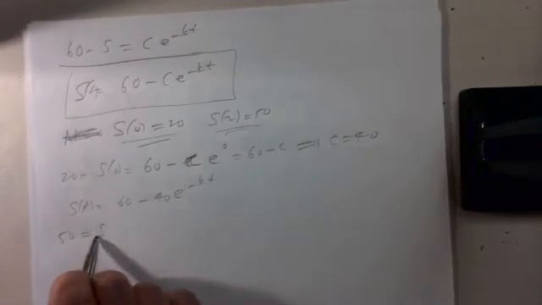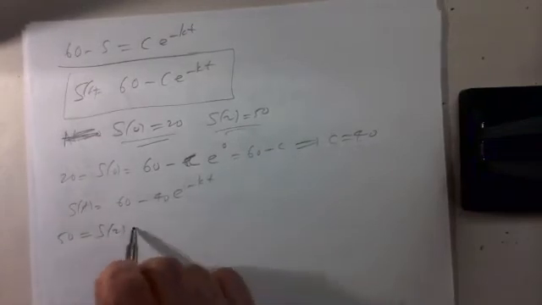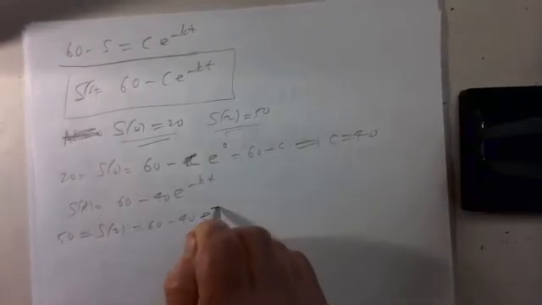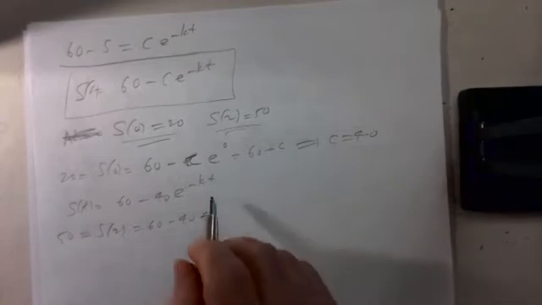At 2 years, S of 2 is 50, which is 60 minus 40 e to the minus 2k.